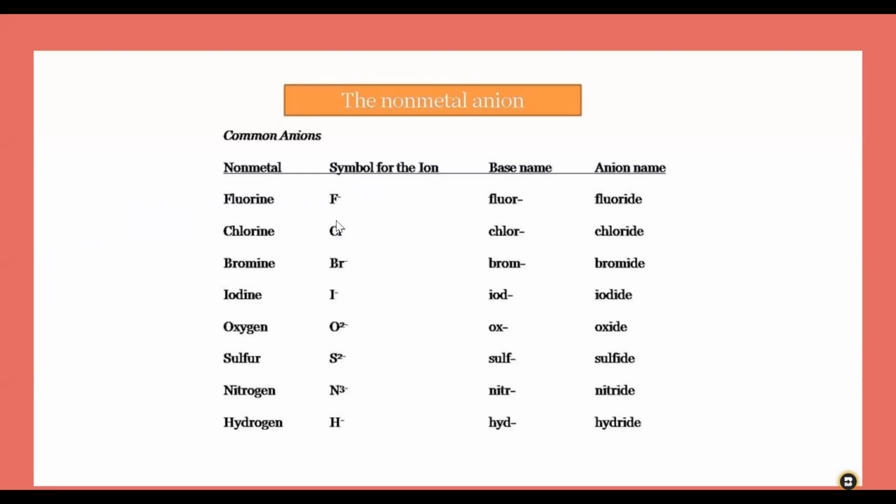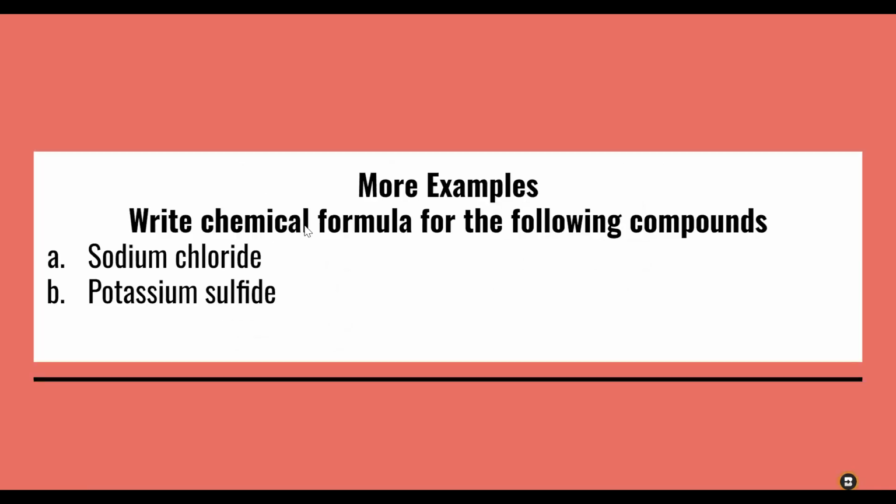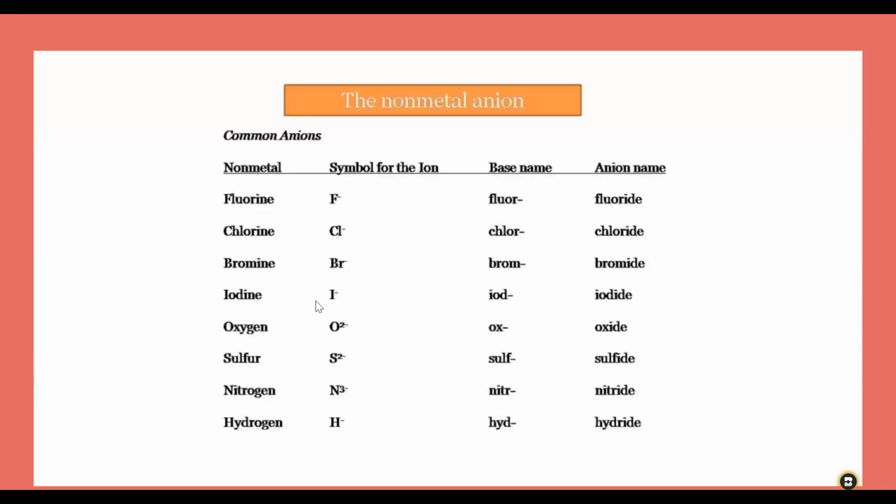Sodium, you write the symbol of sodium, you write the chloride, okay? So sodium chloride, NaCl. 1 plus, 1 minus, and then potassium sulfide. Potassium is in group 1A. Sulfide, you look it up here. You see that? Okay.